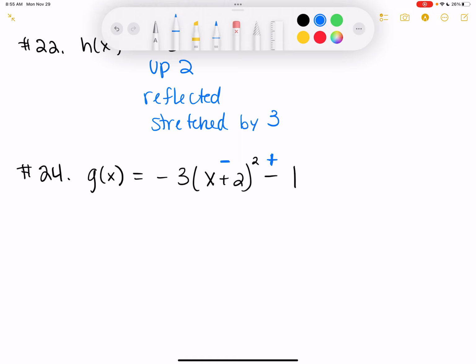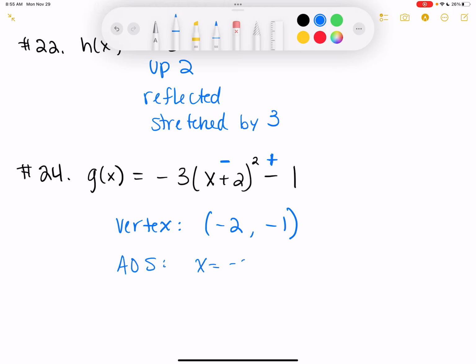So is it -2, -1? Yeah. Oh, duh. We literally just discussed that. My bad. Because it should be positive, that means it's got to be negative. So the vertex is at (-2, -1). And the axis of symmetry is always a line at the x value. So it's going to be x equals -2.